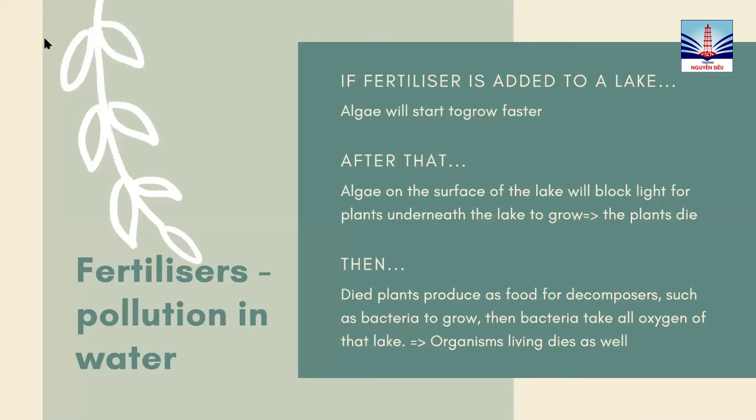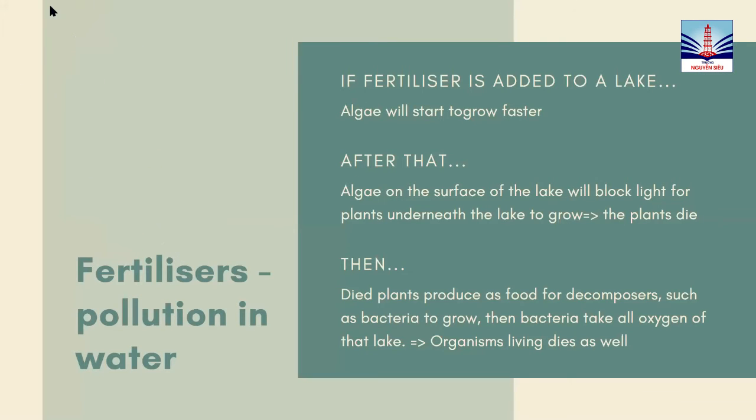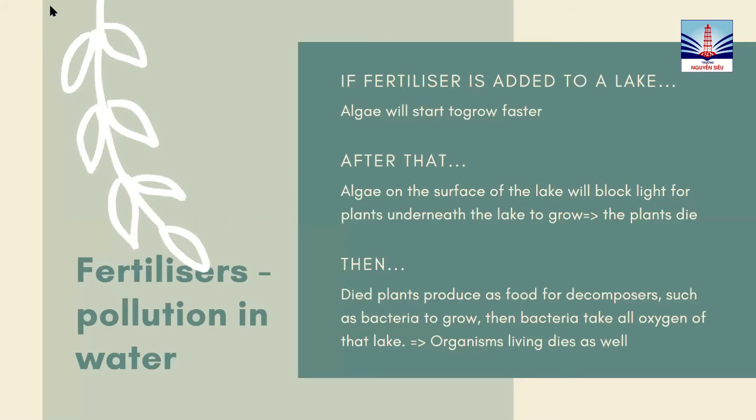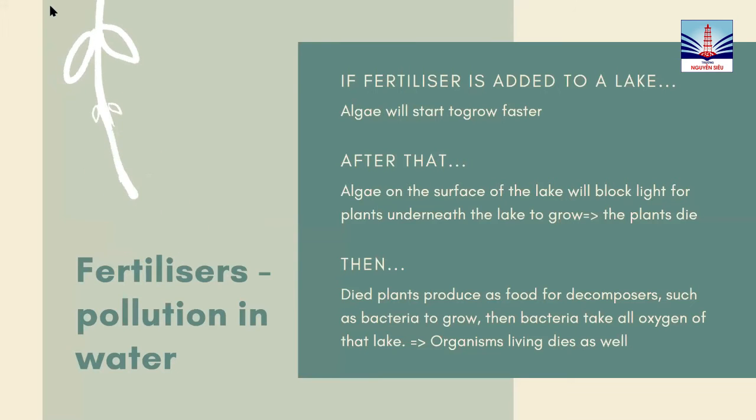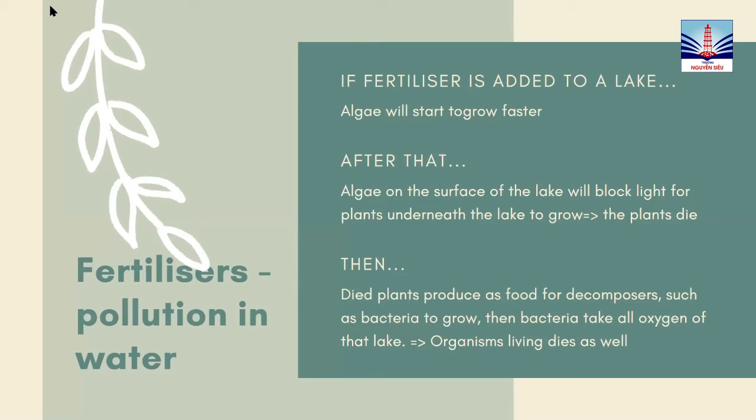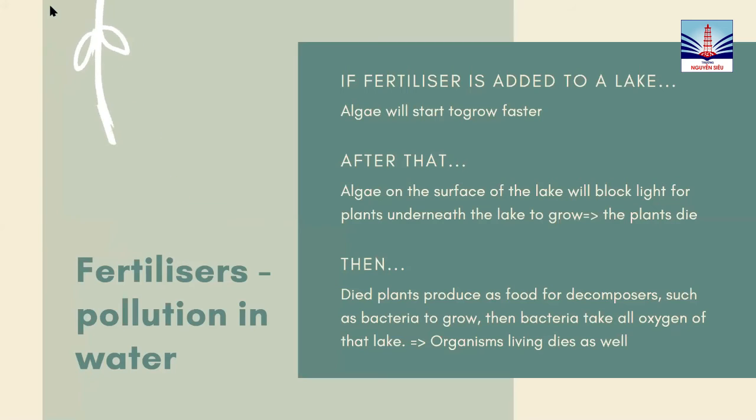So next we're going to explore how fertilizers pollute the water. If fertilizer is added to a lake, then algae will start to grow fast and the population will increase in that lake.